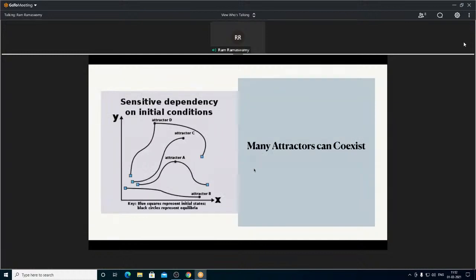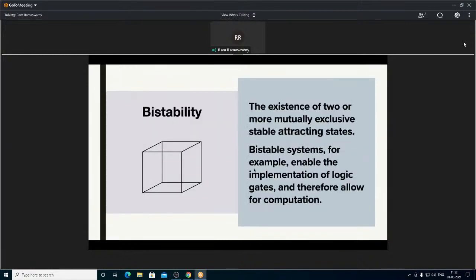And when many attractors coexist, we talk about multistability. If these attractors are stable attractors, then the existence of 2 or more mutually exclusive, that is distinct, stable, attracting states, this is called multistability.